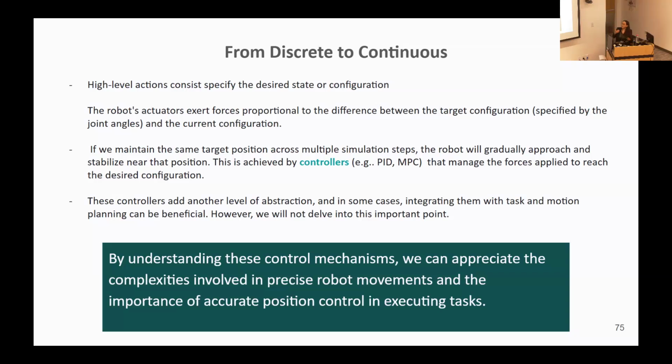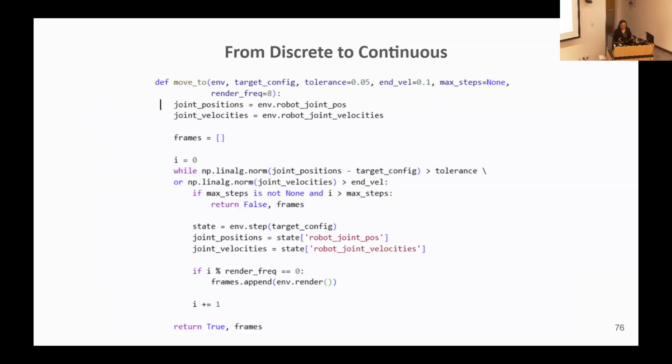So the motion is continuous. We need controllers that actually monitor the progress. As I said, this tutorial does not focus on the control aspect, which is a whole different domain that has its own complexities. But I think we need to understand these control mechanisms in order to do effective task and motion planning.